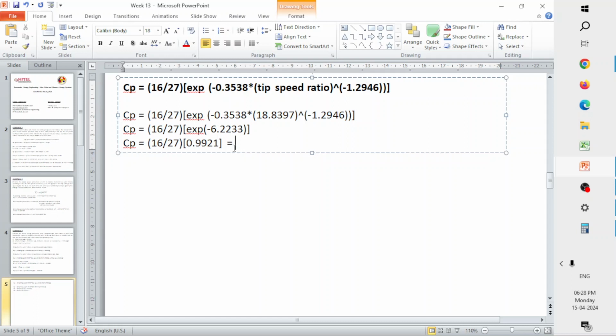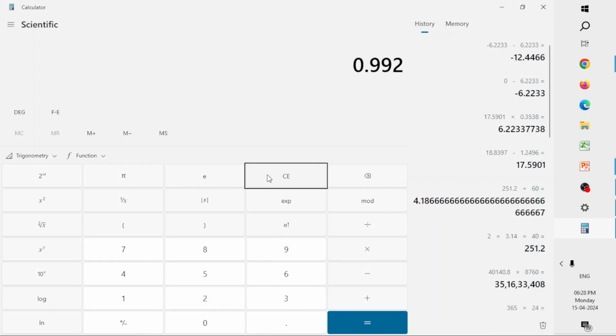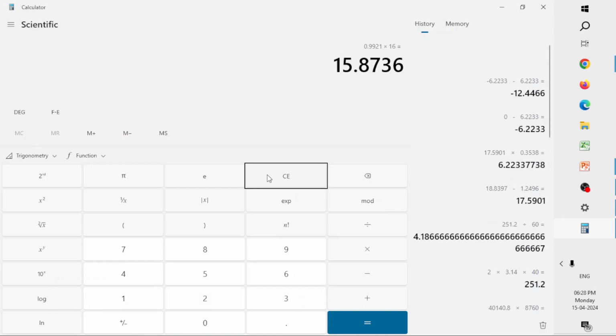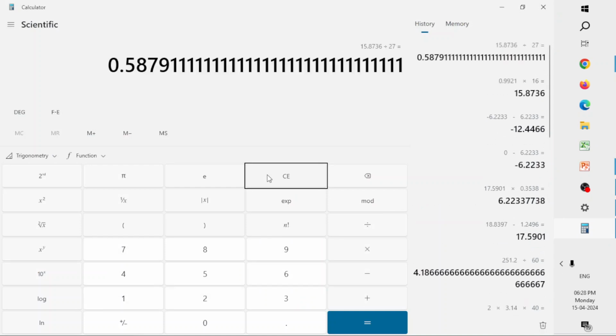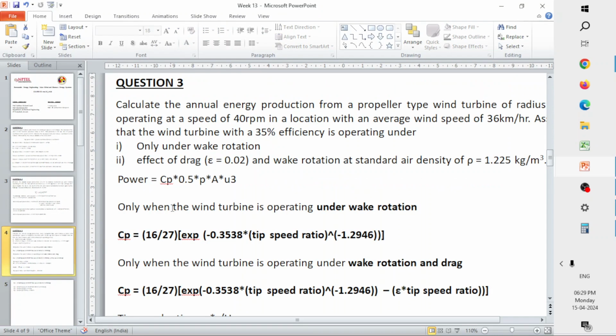So this value will be nothing but 16 by 27 times 0.9921, which will be nothing but 0.5879. Now you have the value of Cp. So it's just about calculating this power.